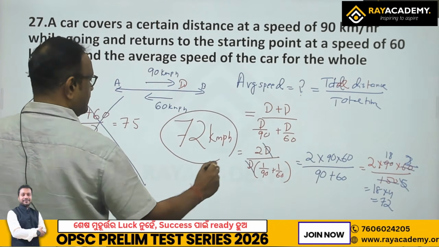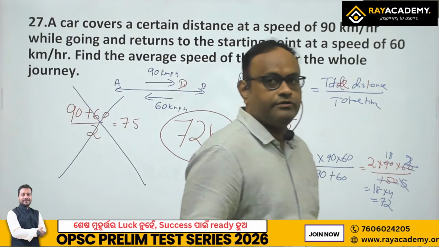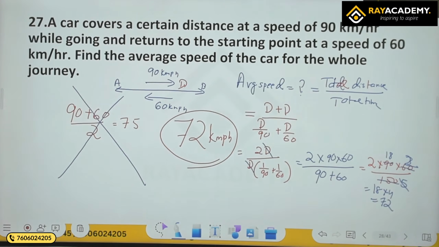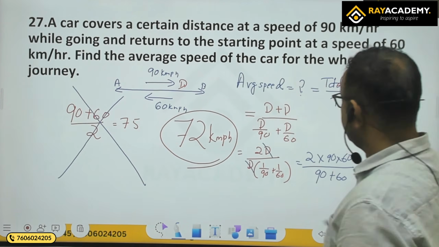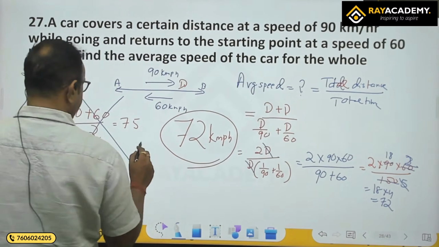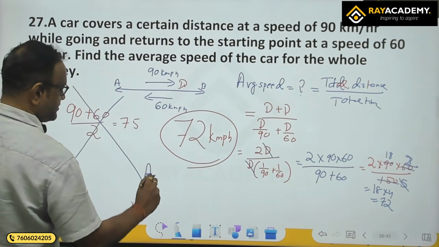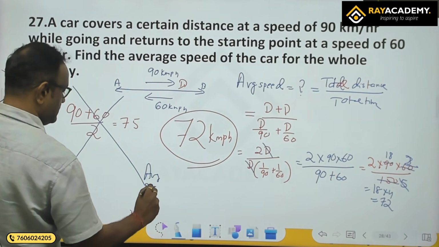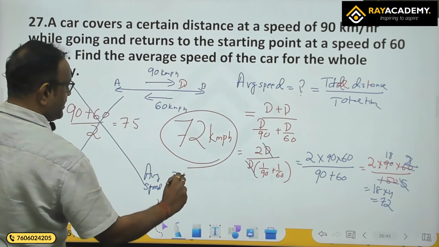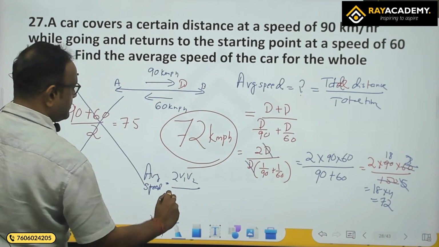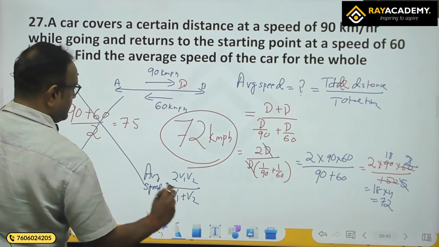Average speed always has the formula total distance divided by total time. If you want to formalize, you can also directly use the formula: average speed is 2v1v2 divided by v1 plus v2.